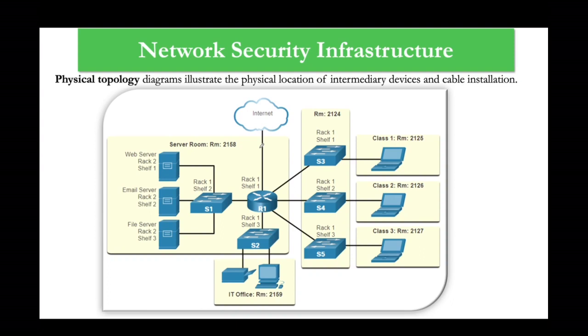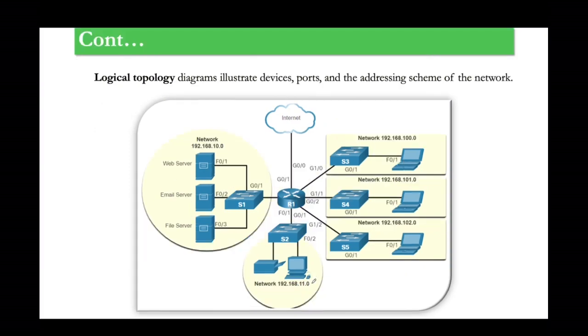So how does this physical network security infrastructure look in a logical way? We assign an address to every device in the network, whether it is an end device or an intermediary device. They are identified with internet protocol addresses, that is IP addresses.